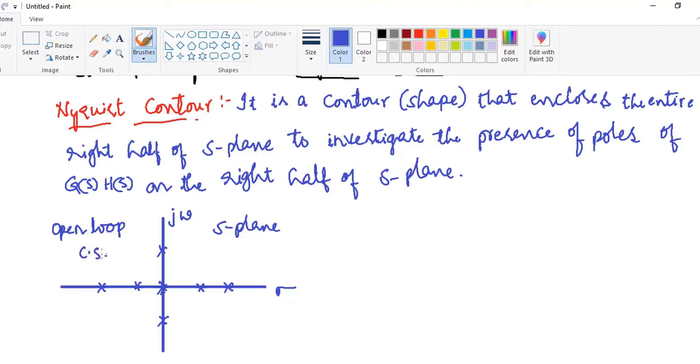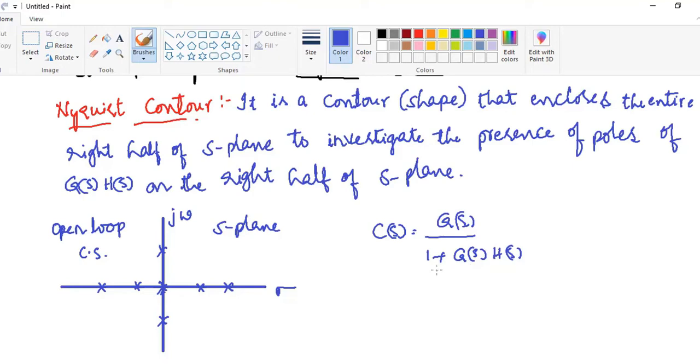But for a closed loop control system, we can also determine the stability of the system. The transfer function of a closed loop control system can be written like this: C(s) is equal to G(s) divided by 1 plus G(s)H(s).